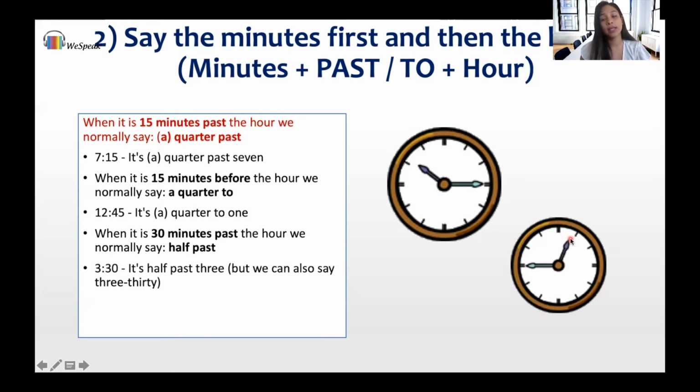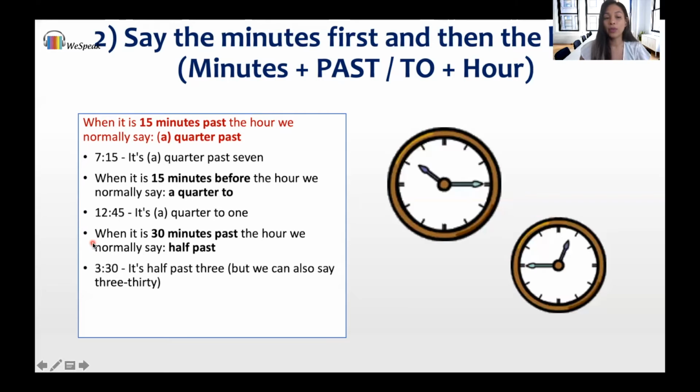You can also say it's 12:45 or it's a quarter to 1. Here you have the example. It's a quarter to 1 or it's 12:45.